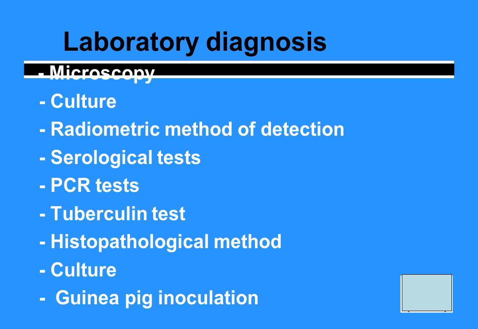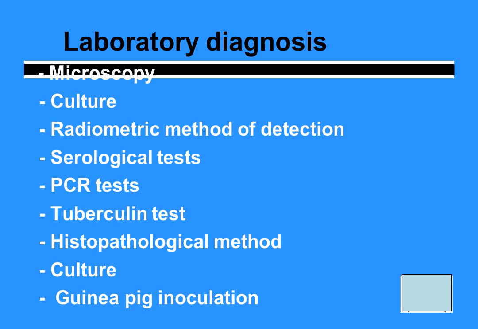So how do we diagnose a case of tuberculosis? It is microscopy which will show evidence of the bacteria. We do a special stain called Ziehl-Neelsen stain, which will stain these acid-fast bacilli pink, which we can pick up on microscopy. We can even culture this bacteria. There are other methods of detection like radiometric methods, serological tests, and PCR analysis.